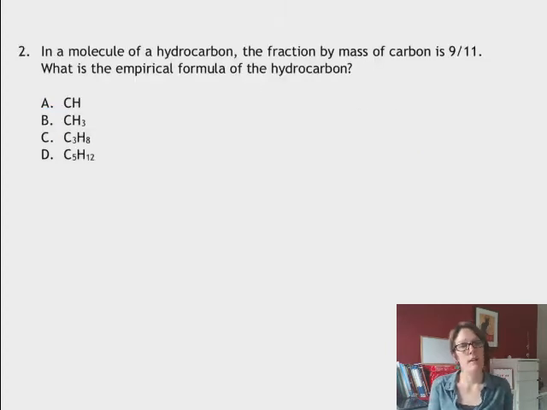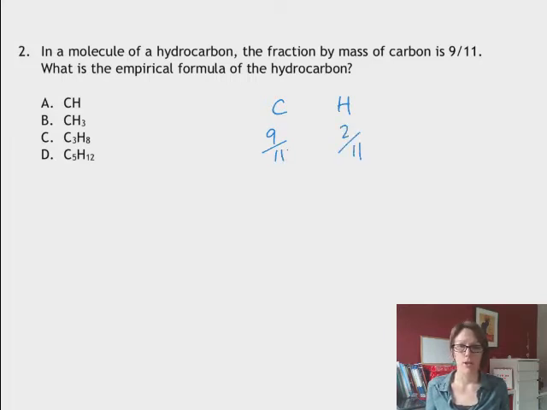So next question. The only thing that's different here from a normal empirical formula is I'm being given a fraction, but that's just like a percentage. So if I know one fraction and there's only two elements, carbon and hydrogen, I know that if carbon is 9/11ths, hydrogen must make up 2/11ths.